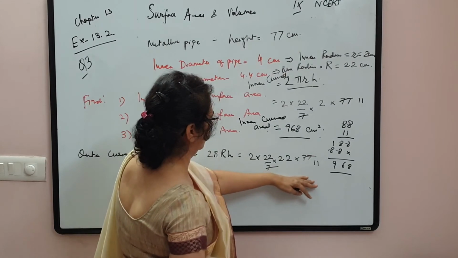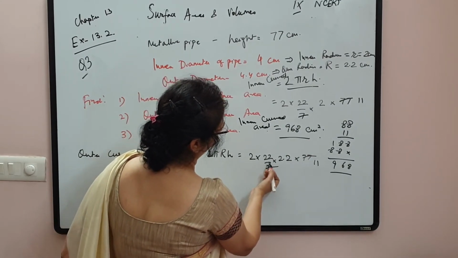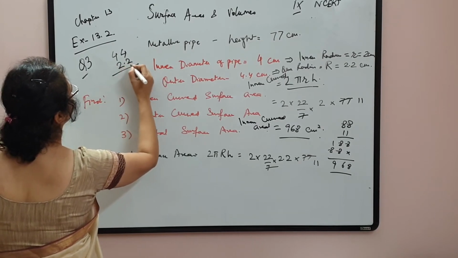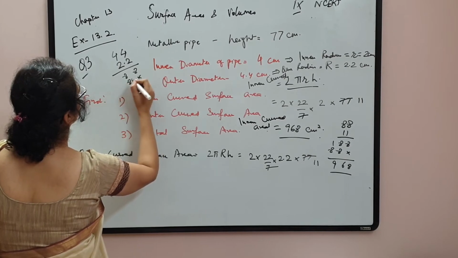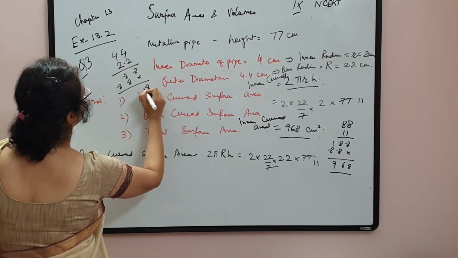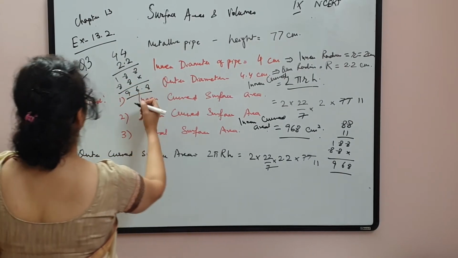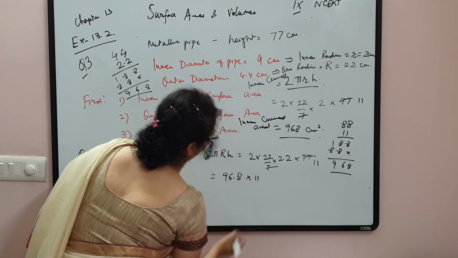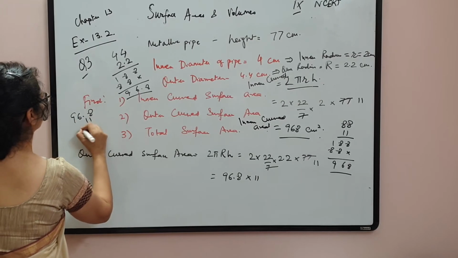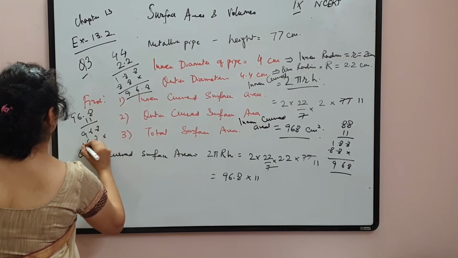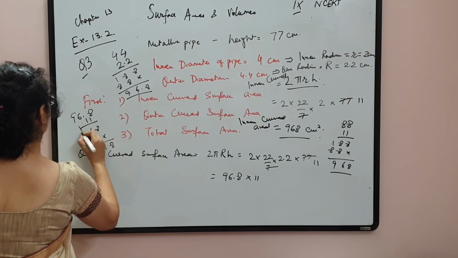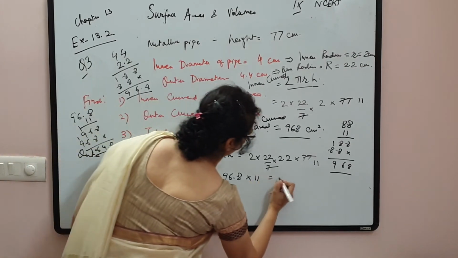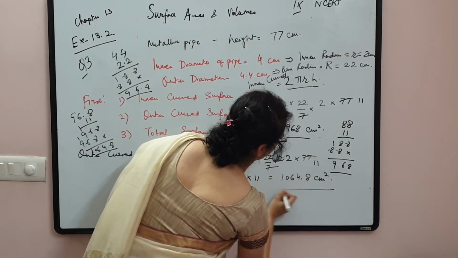Again this gets cancelled and let us calculate what is this? 22 into 2, 44. 44 into 2.2 is 96.8. 96.8 into 11 is 1064.8 centimeter square.